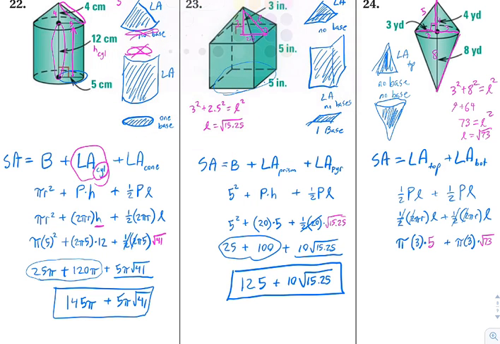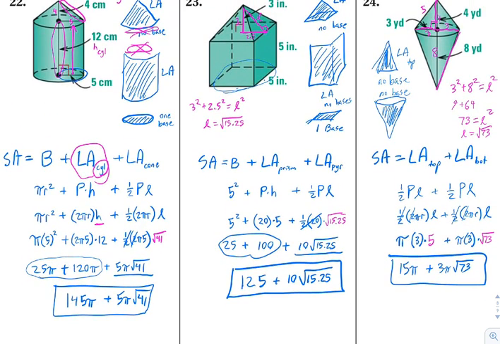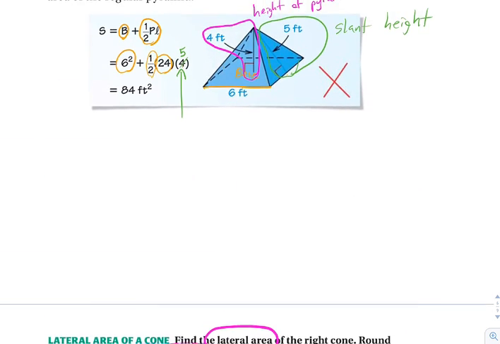So this is your exact answer: 15 pi plus 3 pi root 73. Again, you can approximate that if you want, but that's your exact answer. So that's how you take it apart and deal with lateral area and base area totally separately. I hope that was helpful. Yeah, good luck.